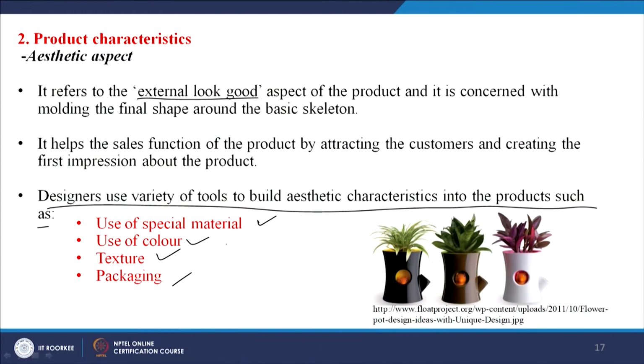So packaging also plays an important role for the product, and therefore we can see that the product should not only satisfy the intended function for which it has been designed, but it must also look good, and the product designer has to take into account all these aspects. Most of the times the designers will first like to satisfy the basic function for which the product is being designed, then they would like to switch on to how the product is going to look like.